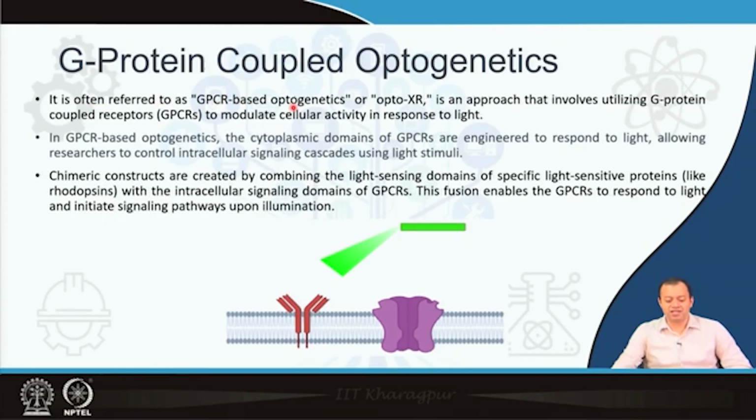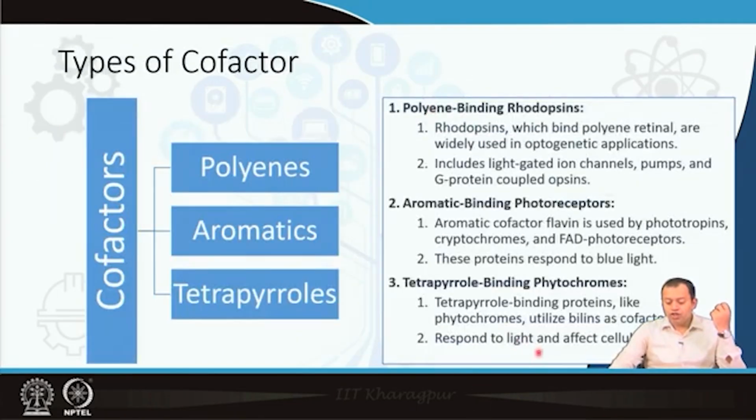GPCR based optogenetics is an approach that involves utilizing G protein coupled receptors, R is for receptors, to modulate cellular activity in response to light. So, as I said, not only will it respond to light and do the biochemical reaction, that biochemical reaction will result in some sort of modification in the overall cellular process, right.